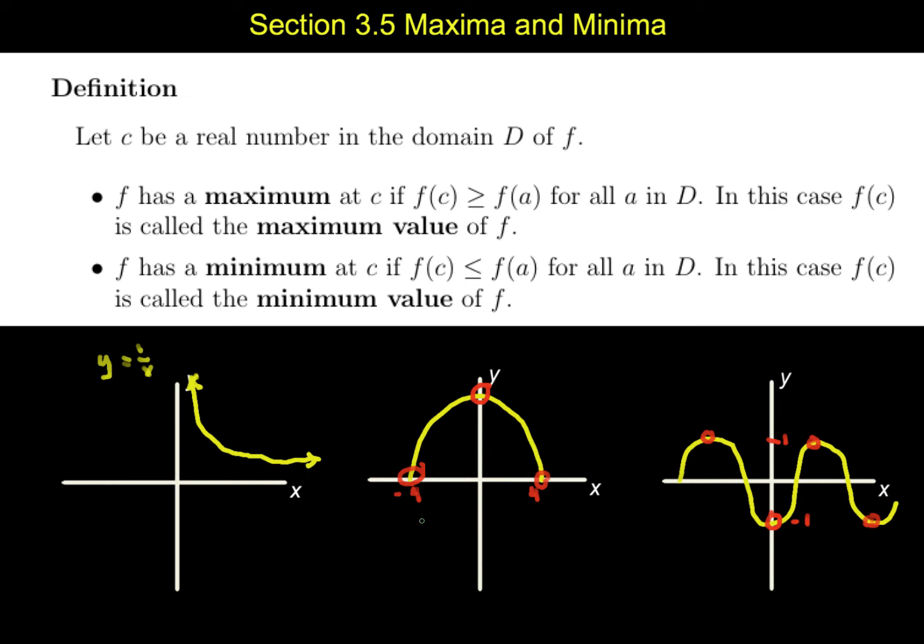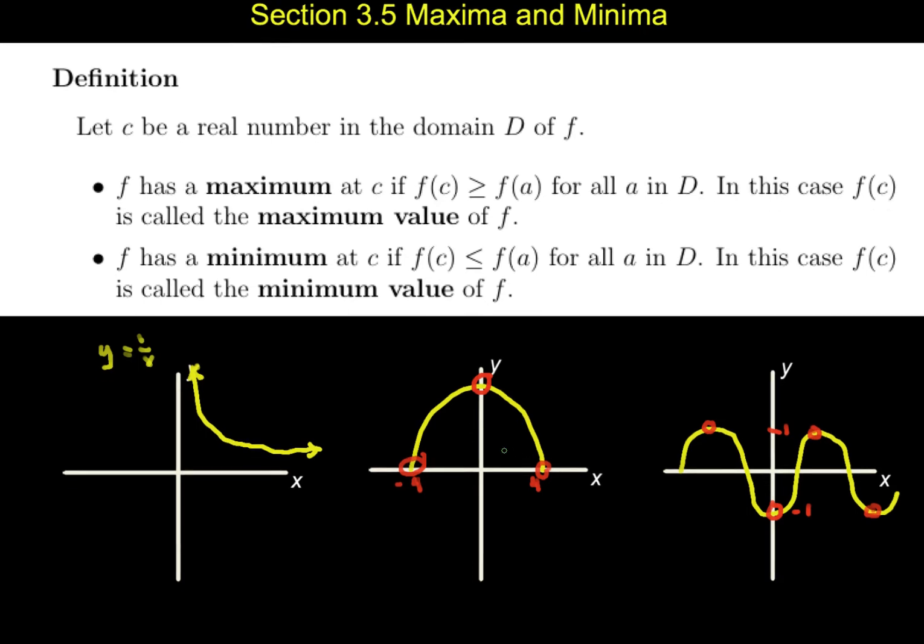And something I really want to note: like in this example with the parabola where we had two locations where we had a minimum value, or in the sine function where we had multiple locations of max and multiple locations of min, the minimum value or the maximum value of the function in either case was the same number.